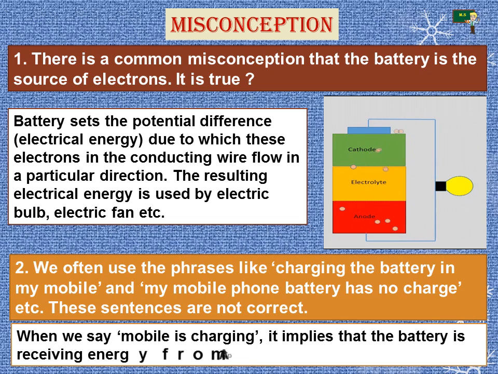When we say mobile is charging, it implies that the battery is receiving energy from the AC power supply and not from the electrons. These are the small misconceptions we have about charging, charges and battery.